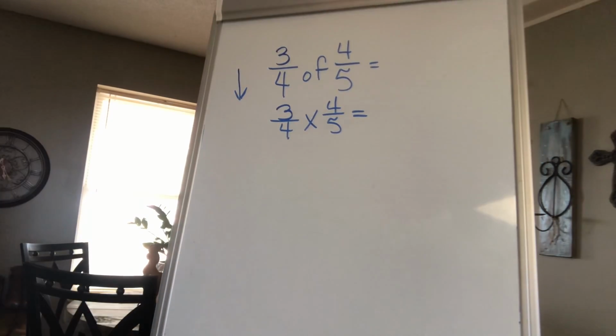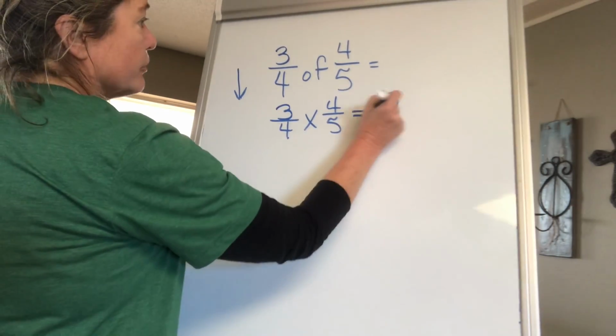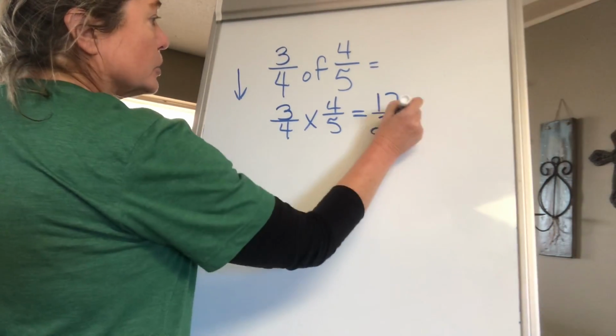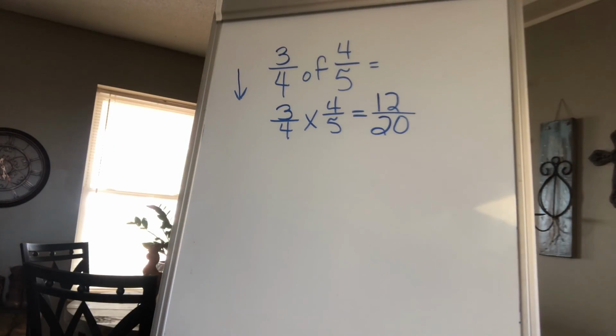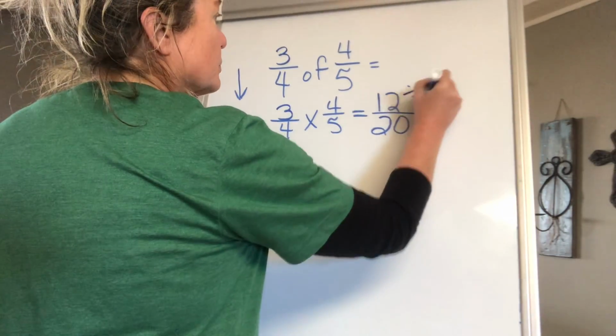And we know how to multiply fractions. We multiply straight across. So we have 3 times 4 is 12. 4 times 5 is 20. And then we look to see, can we break that down? Can we simplify it any more? We know that they're both divisible by 2.